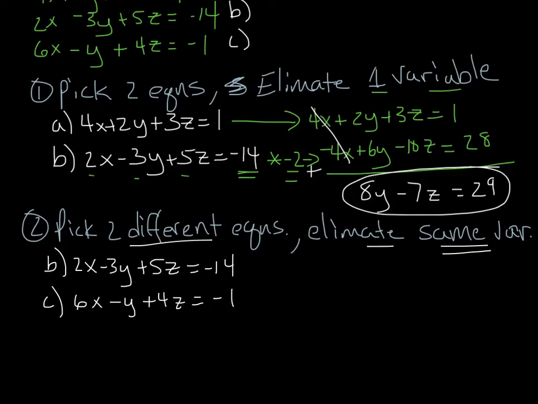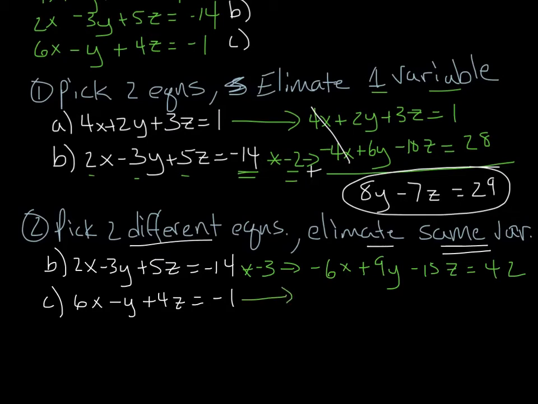And in order to do that, I'm going to times the top one by negative 3. Hopefully you'll see really quickly why. But I'm going to get negative 6x plus 9y minus 15z equals 42 when I multiply everybody by negative 3, and I'm going to leave the bottom one alone.